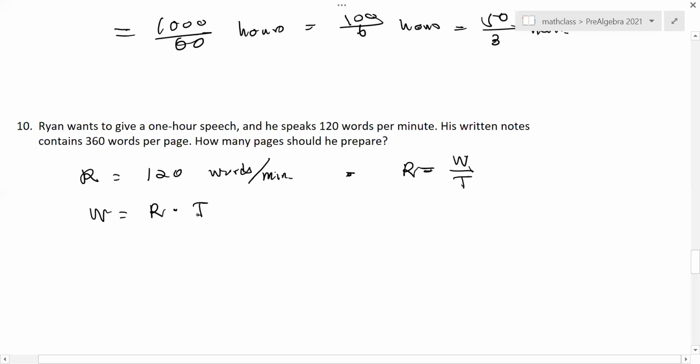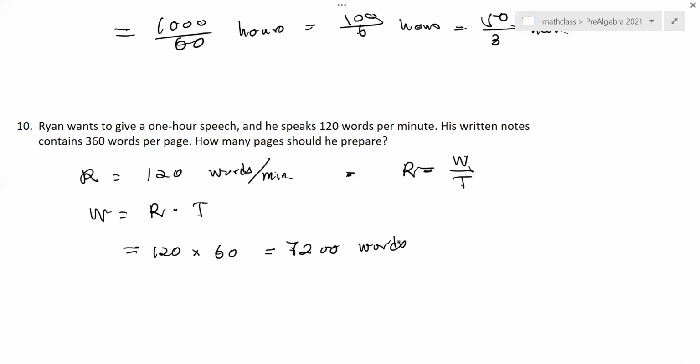So this will be 120 words per minute, and the 1 hour is 60 minutes. You multiply this out, and then you get 7,200 words.